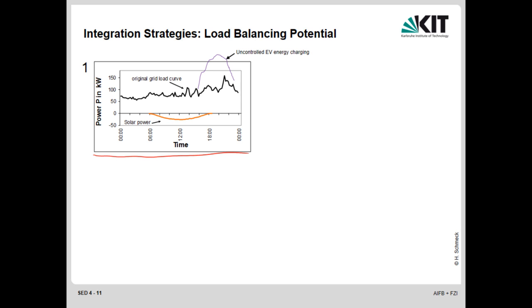And now we have electric vehicles which are coming in addition to that. And if we assume most of them are returning to their homes in the late afternoon, then we will have this extra need for power in the evening hours, where anyway you have the peak demand already. So this would be very unfavorable to do it like that.